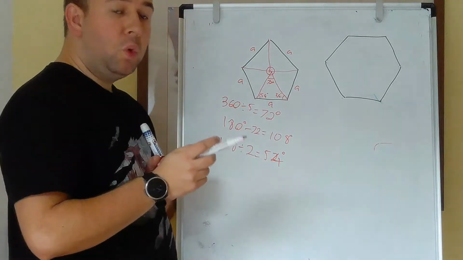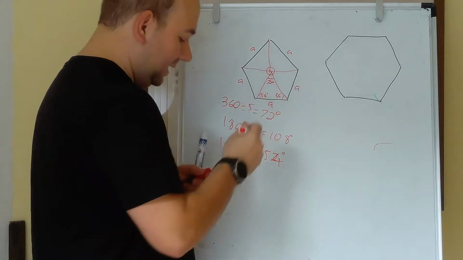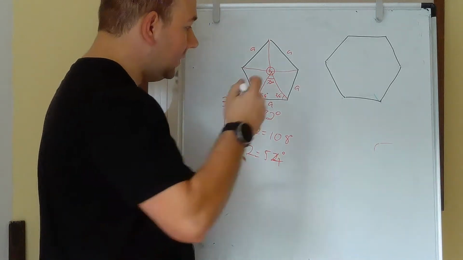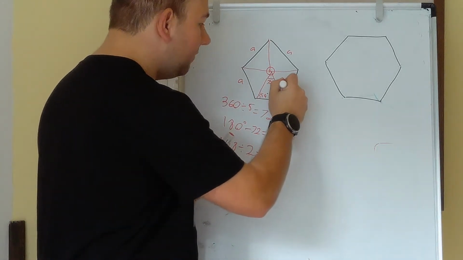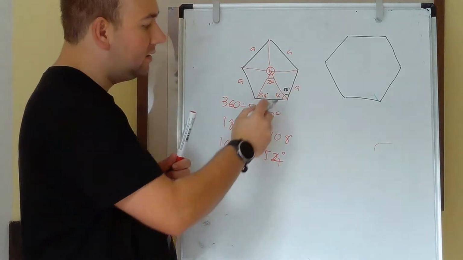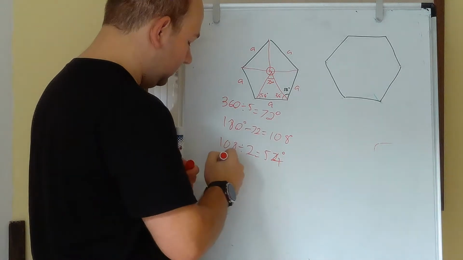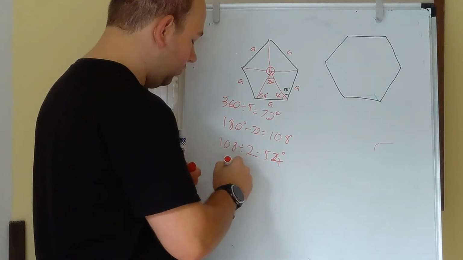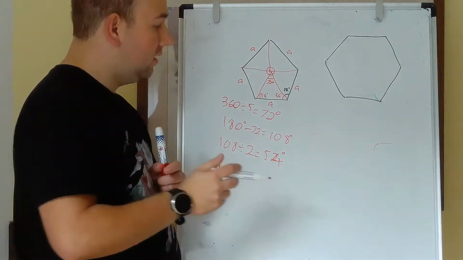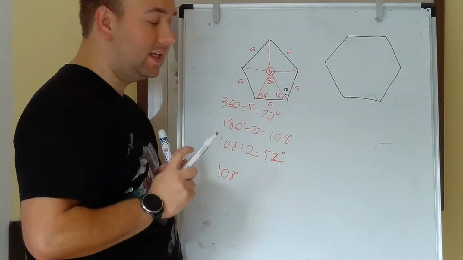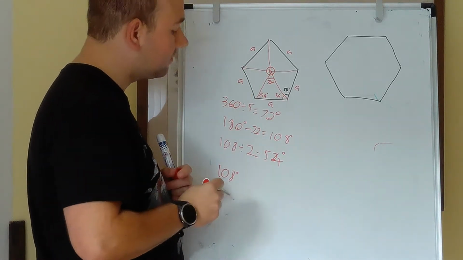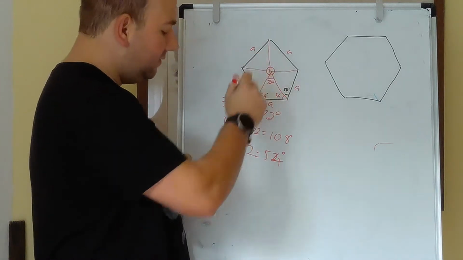Now if we want to calculate one of the internal angles, we just take it that we have another triangle here with 54 degrees. We can add these two together, so the internal angle is 108 degrees. Of course, we could have just come to that by taking that 72 away from 180. And we have 5 of these internal angles.